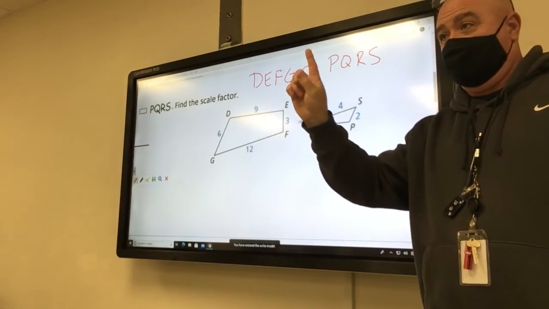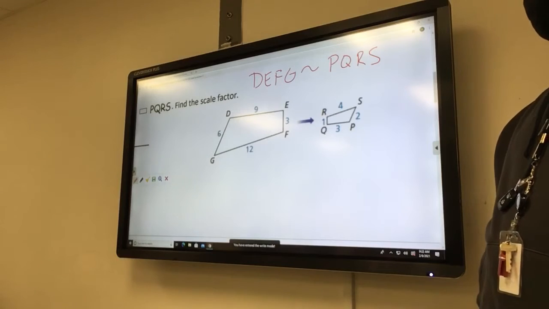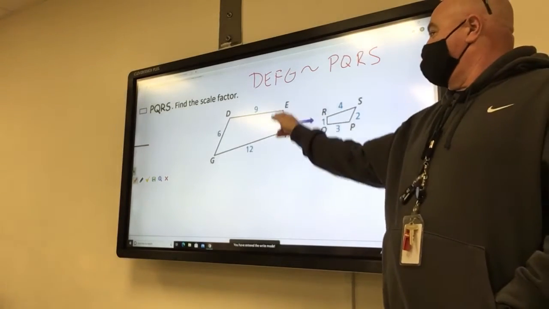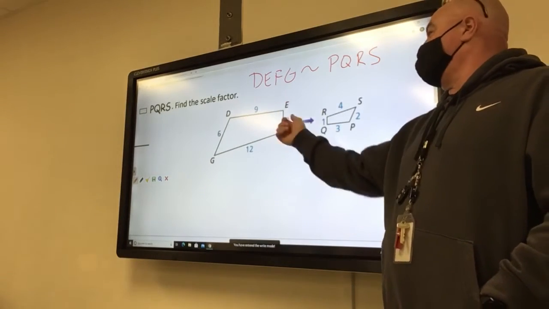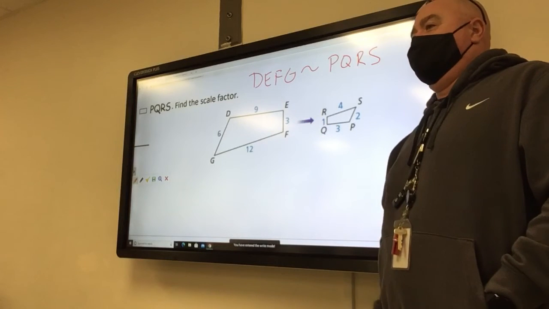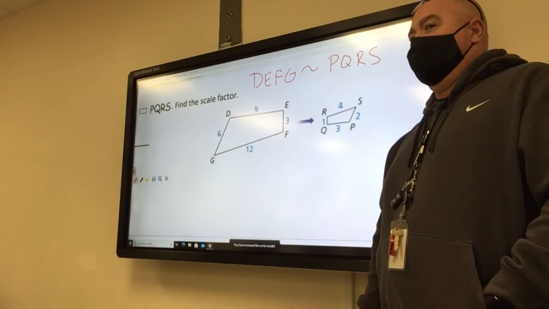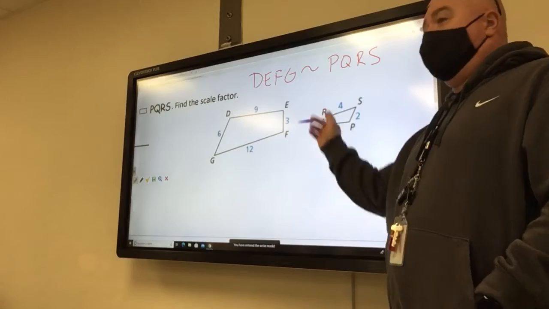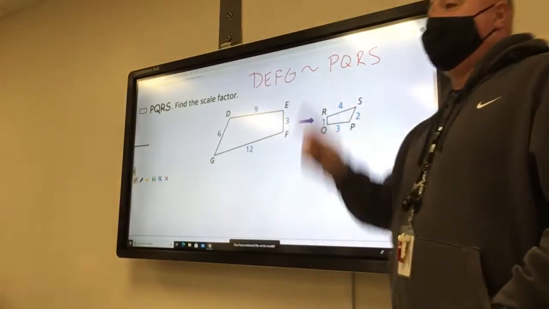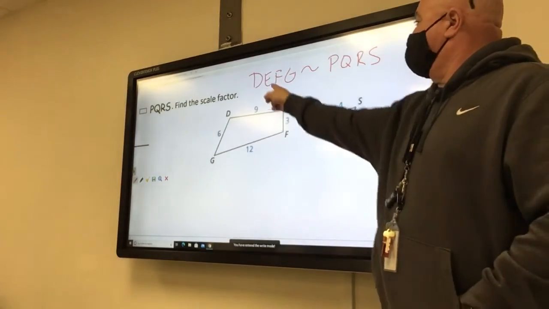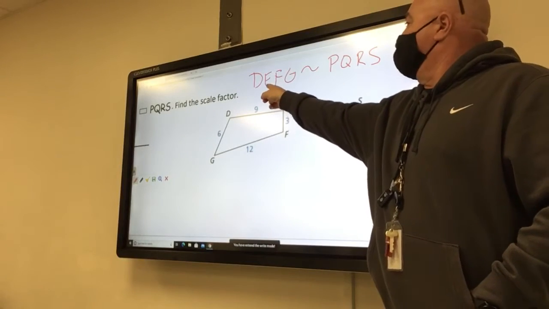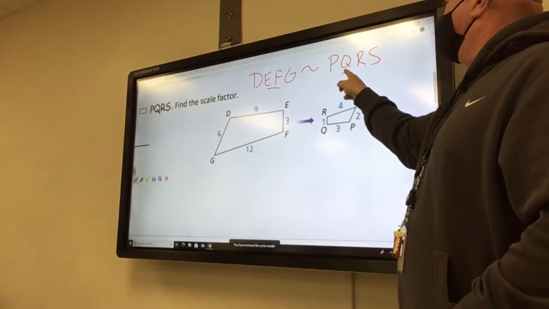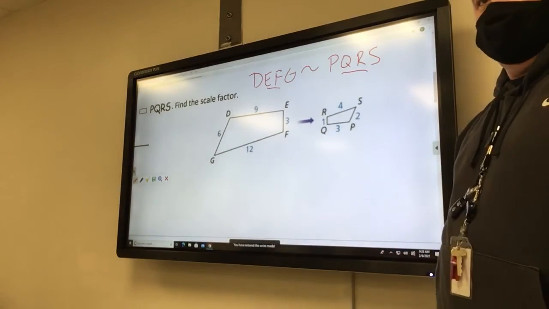Do you see EF here? What side does EF match up to over here? QR, right? If you can't see that, watch this. EF matches up to QR.